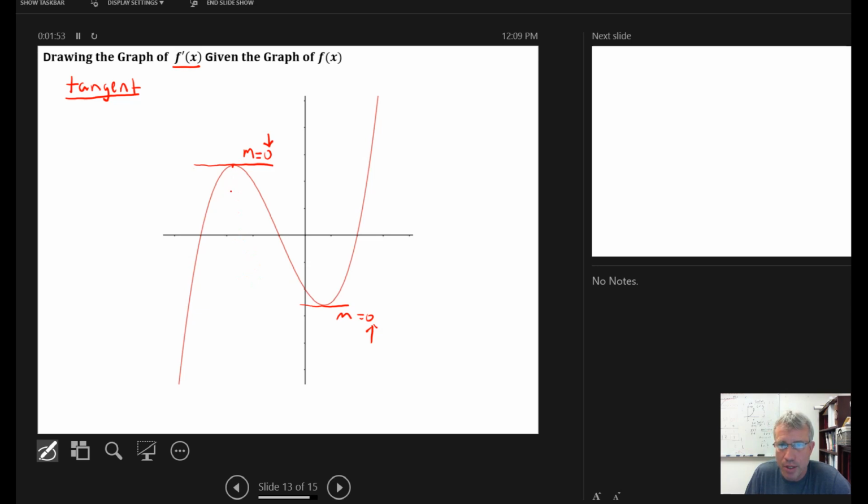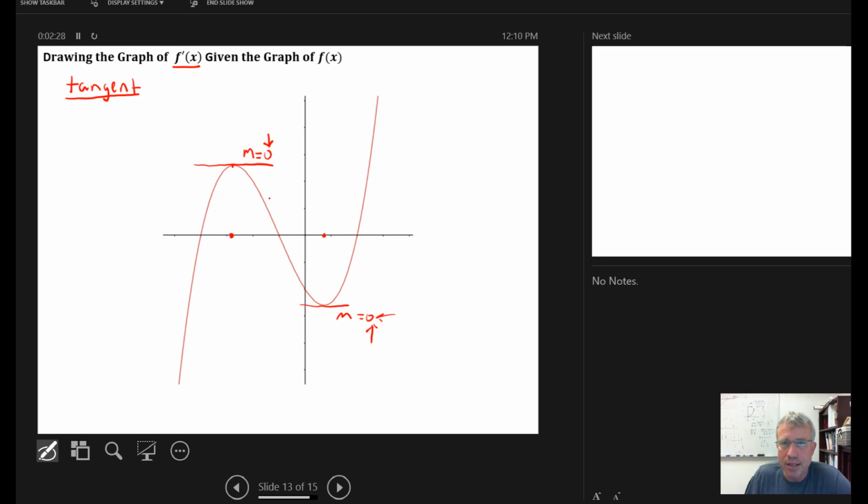So I want to walk down to the x-axis right underneath that point at which the tangent line is horizontal, and I want to put a point on the x-axis, and I know that the derivative has to pass through or contain this point because the derivative will be 0 right there. Here I want to walk up to the x-axis, draw a point on the x-axis, and the derivative will need to contain that point because the derivative will have a value of 0 where the tangent line to the function f of x is horizontal.